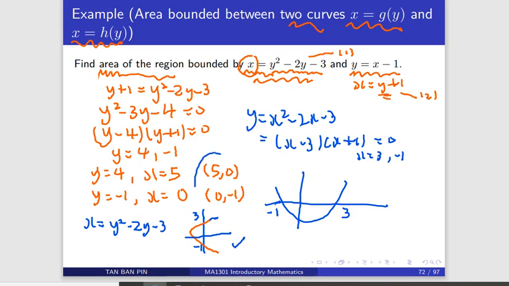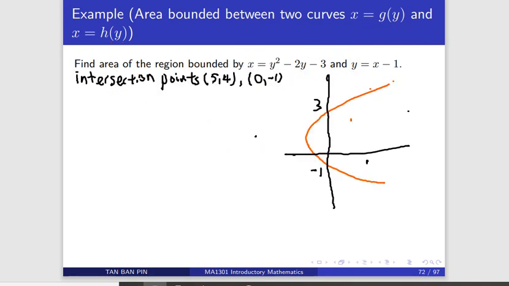And also the intersection points are (5, 4) and (0, minus 1). Keep this in mind. And the curve looks like this.